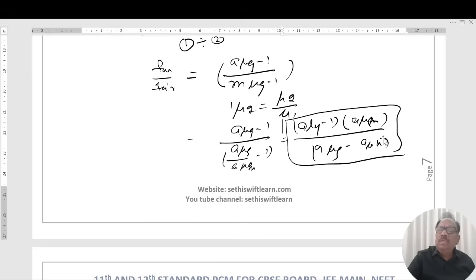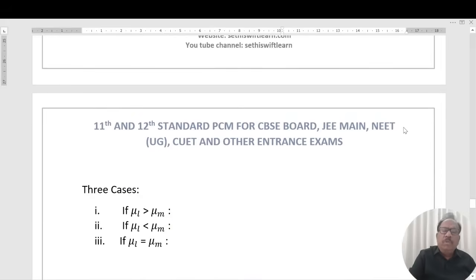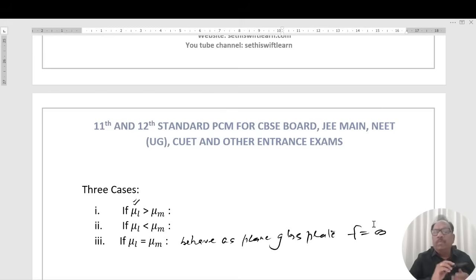In this case, there will be three cases. Means mu L, what? Mu L is the refractive index of the lens, material of the lens. If it is greater than this, if it is less than this, if it is equal to this. If it is equal to this, it behaves as plain glass plate. Focal length will become infinity. Reason?